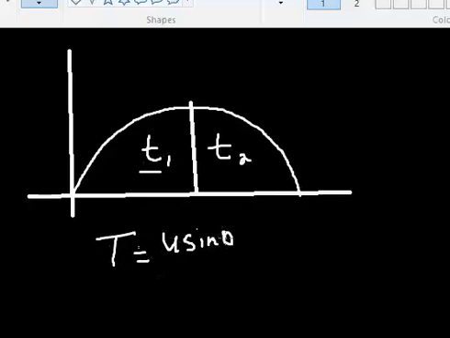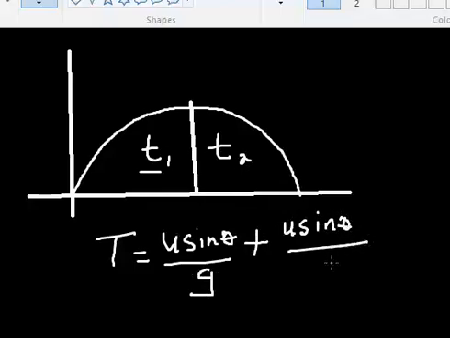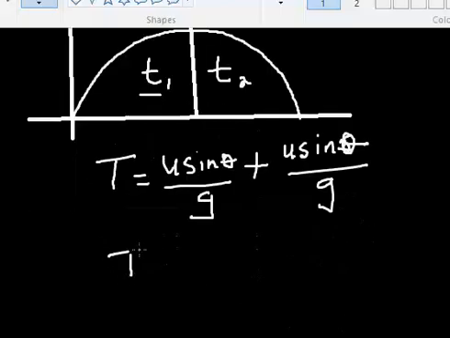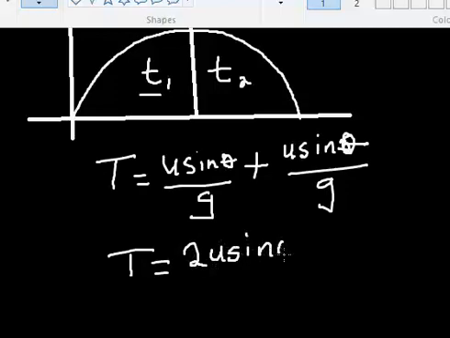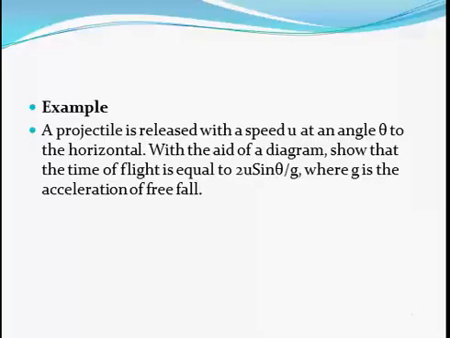T1 is u sine theta all over g, plus t2 is also u sine theta all over g. Adding that together gives me the time of flight to be 2u sine theta all over g. That is that.